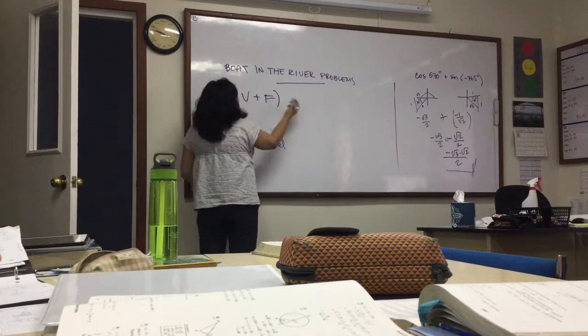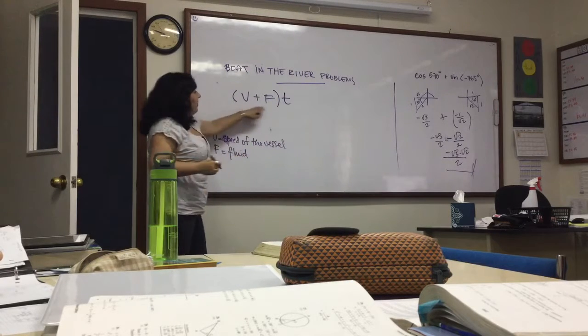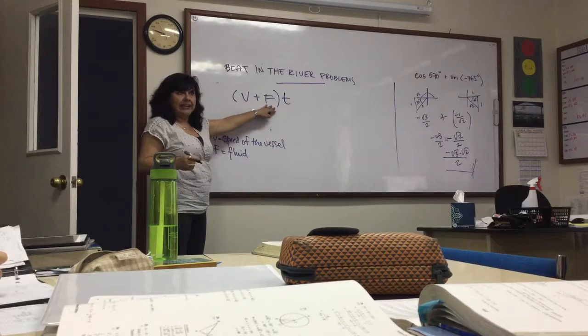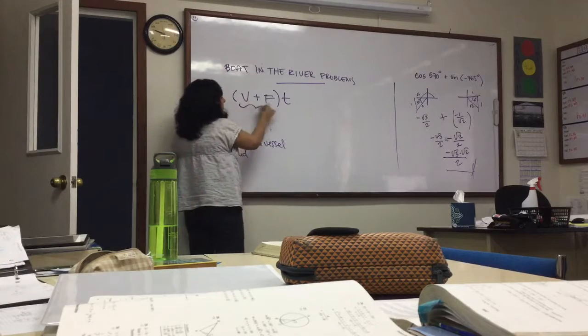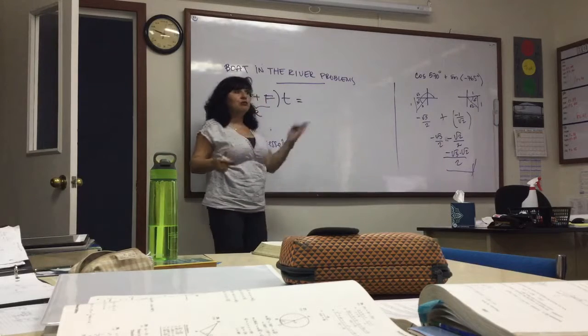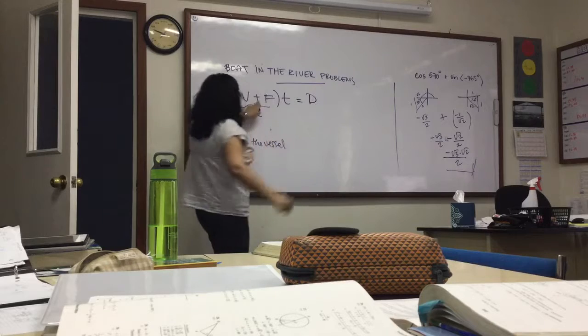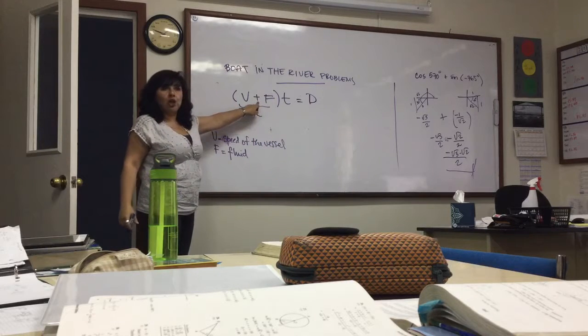Speed times the time equal to this. This is speed, right? This is a rate, remember? Rate times time equals distance. But if it's plus, are you going with the current or against it?